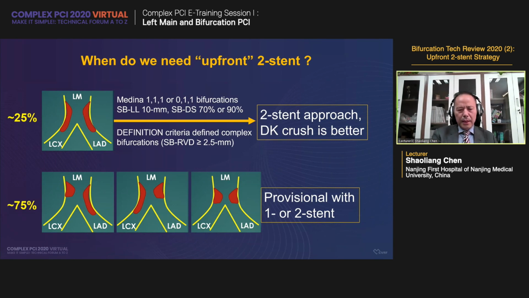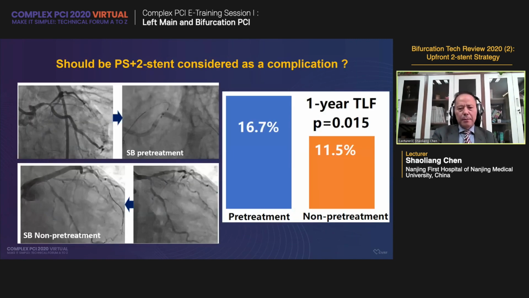But the question is, can we predict the requirement of a two-stent technique within provisional stenting? Recently, we combined our 4 databases to get insight and a comparison between provisional stenting with 1 stent and provisional with 2 stents. The figure summarizes the 2 choices.